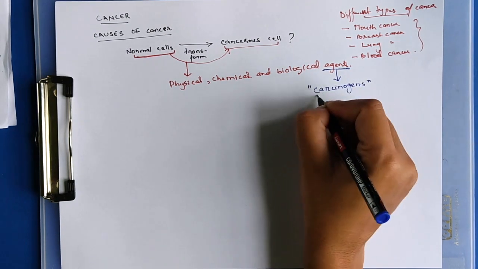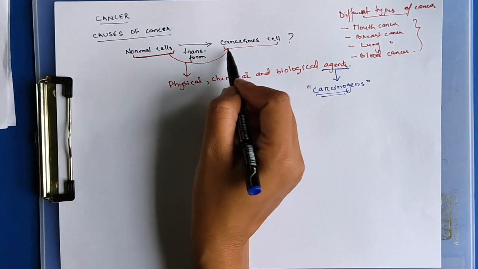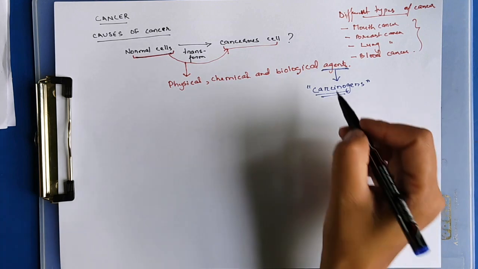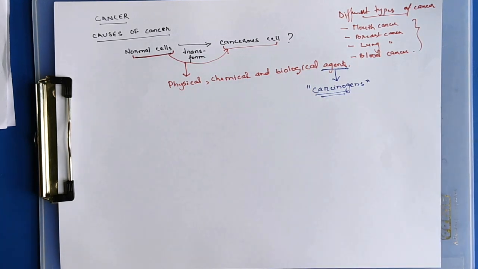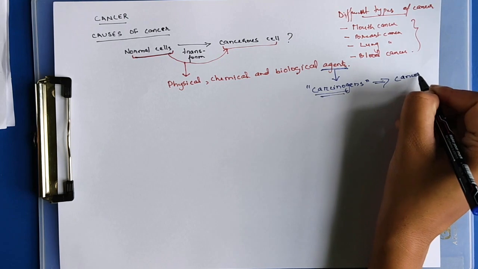Carcinogens are substances or agents which cause normal cells to get converted into cancerous cells. Simply put, a carcinogen is a chemical substance or an agent which causes cancer. If a particular agent causes cancer, then that is a carcinogen.